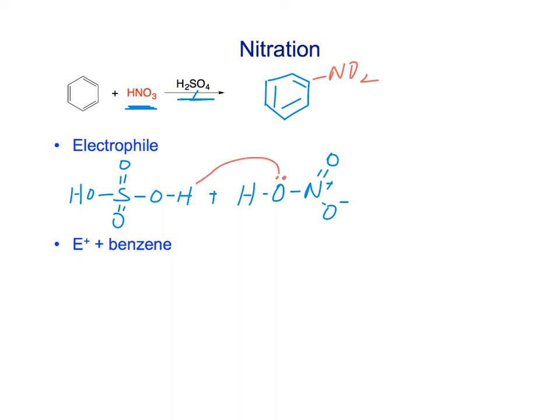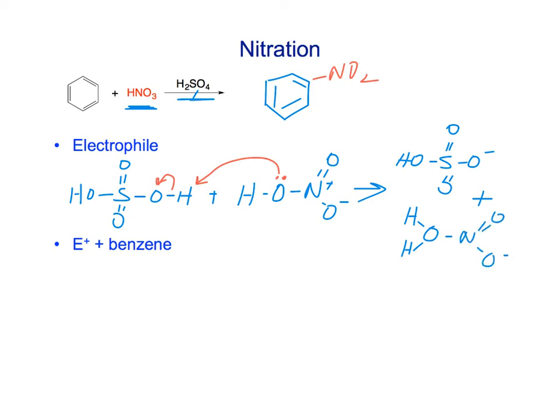Nitric acid is forced to act as a base. Okay, so when we do this, I'll draw it up here, we get our conjugate base of sulfuric acid plus the conjugate acid of nitric acid, like this.